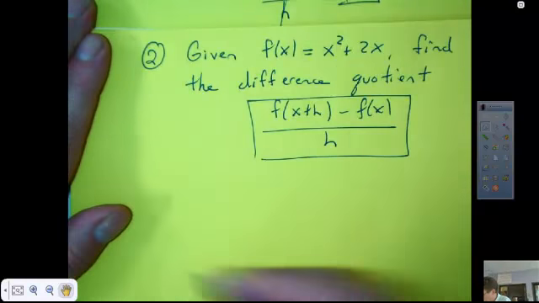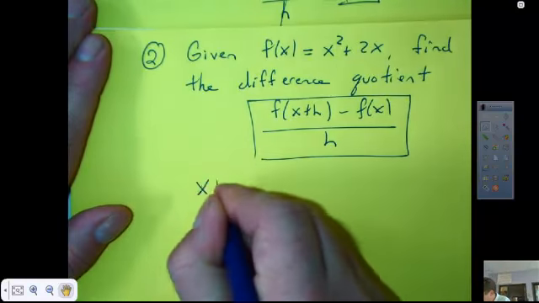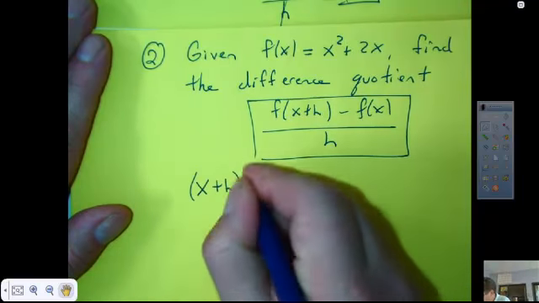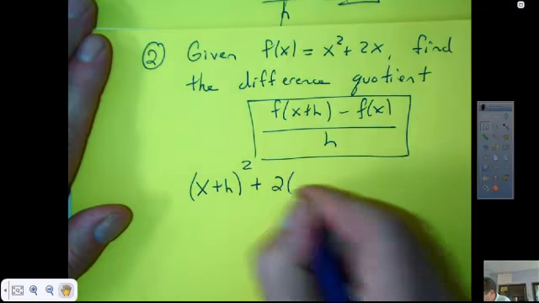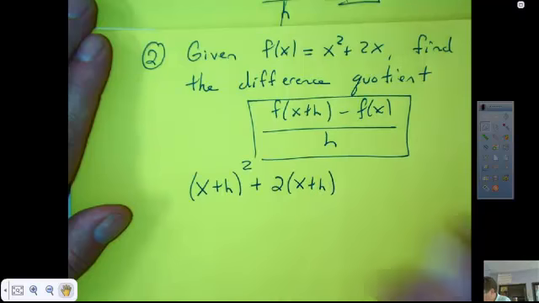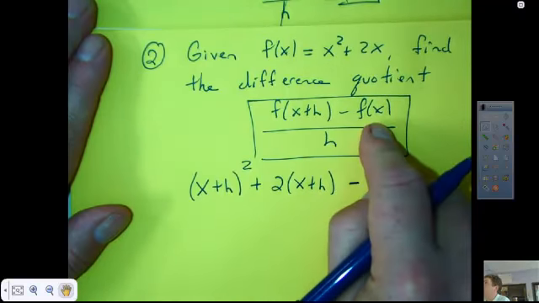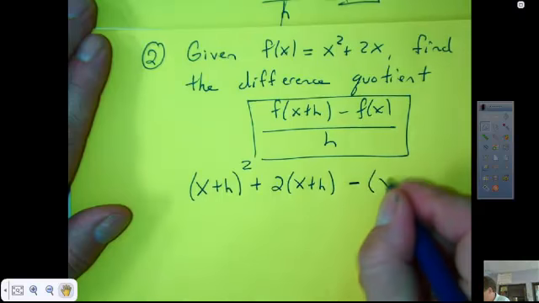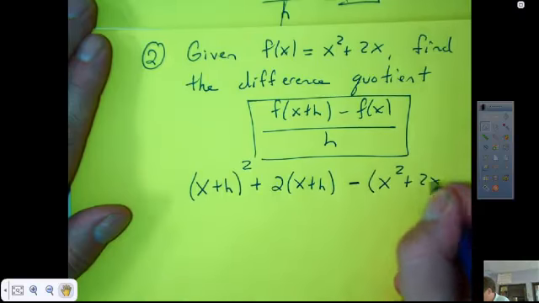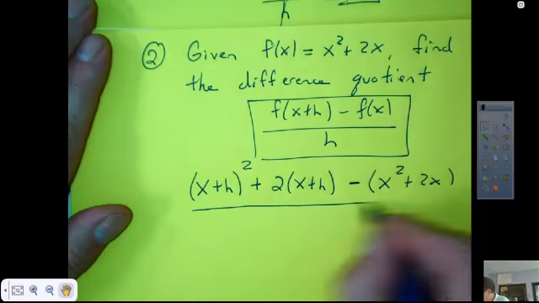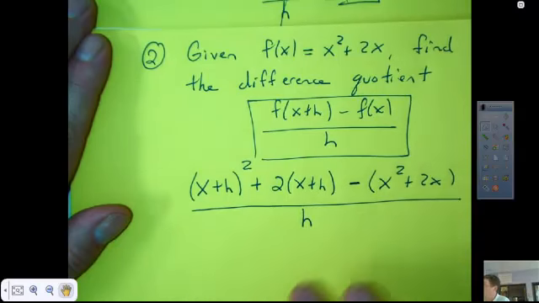So it's going to be x plus h squared, plus 2 times x plus h, minus f of x, which is x squared plus 2x, divided by h.